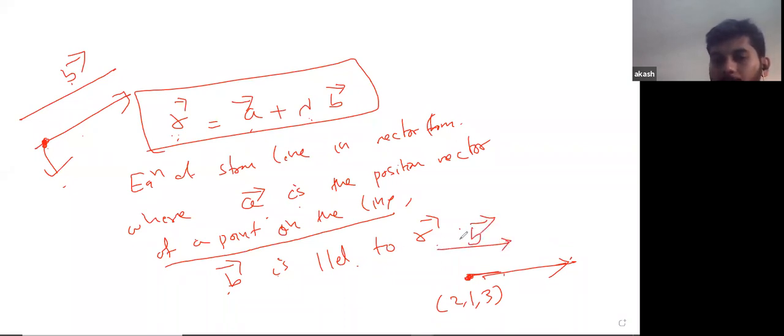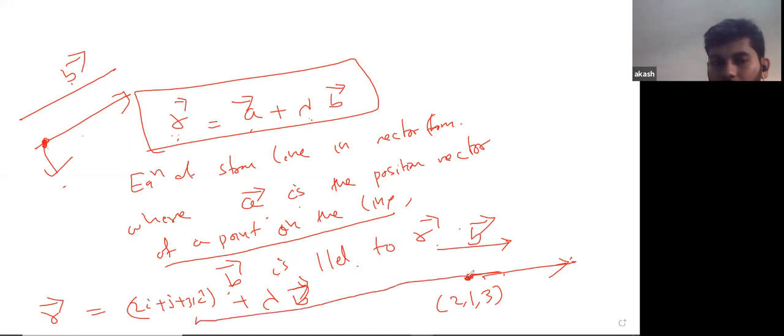The answer would be 2i plus j plus 3k plus lambda times B vector. Got it? This is the position vector of this point, and lambda times B vector is the vector parallel to the given line.